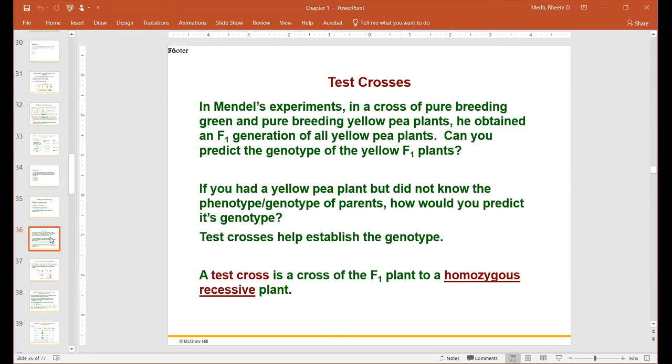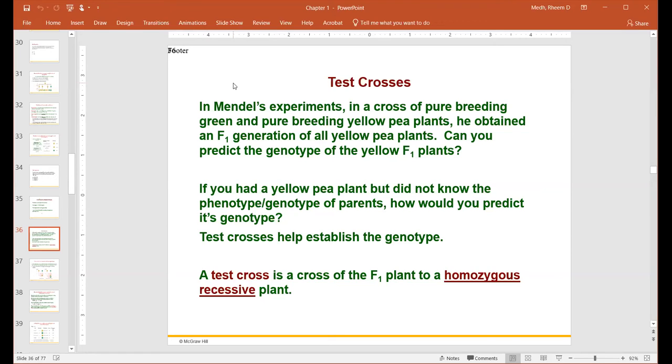So we have test crosses. So that's a term that we have seen before. A test cross is basically any sample or any individual crossed to a homozygous recessive.